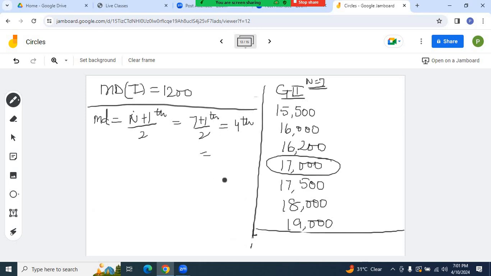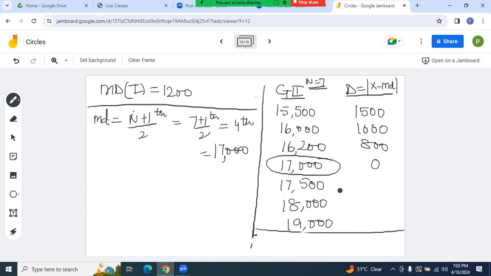17,000. Right? Now I'll find the deviation. X minus median. Median is 17,000. 15,500 minus 17,000 will be 1,500. 16,000 minus 17,000 is 1,000. 16,200 minus 17,000 is 800.